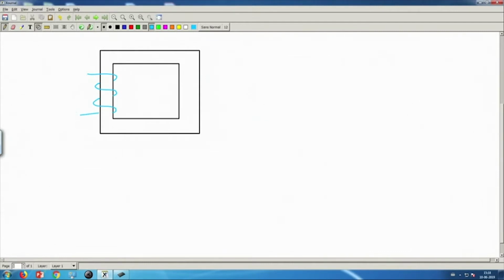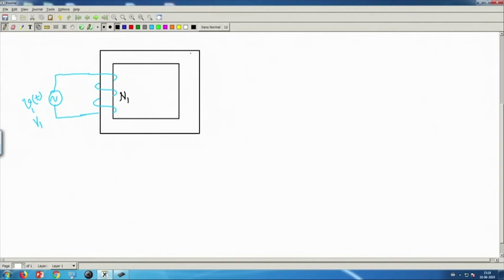What I am telling is this coil I will excite from a sinusoidally time varying voltage, say V1 of t, which has an RMS value of V1. V1 is the RMS voltage, and suppose the number of turns of the coil is N1, and this is the core of the material.